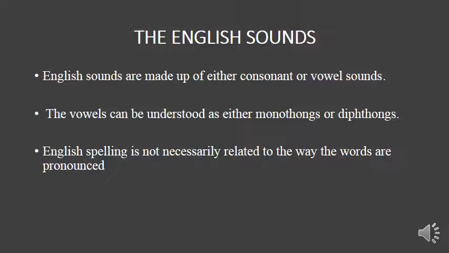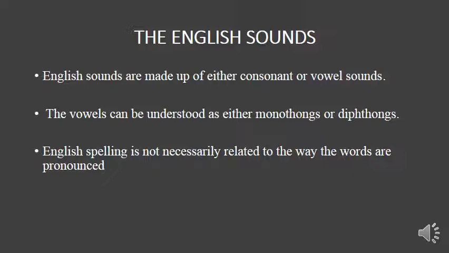English sounds. In English, the sounds are made up of two different types, that is consonants and vowels. That is, the sounds are either consonant or vowel sounds. And the vowel sounds can be understood as either monophthongs or diphthongs.